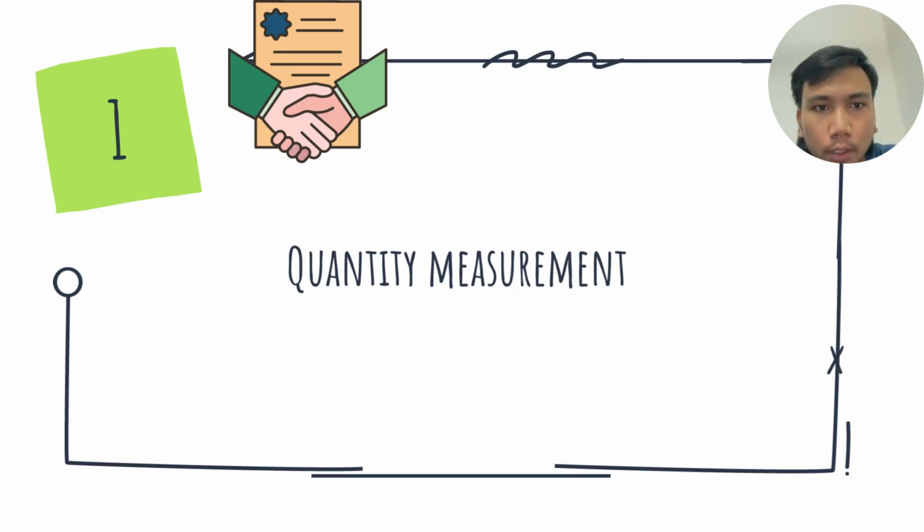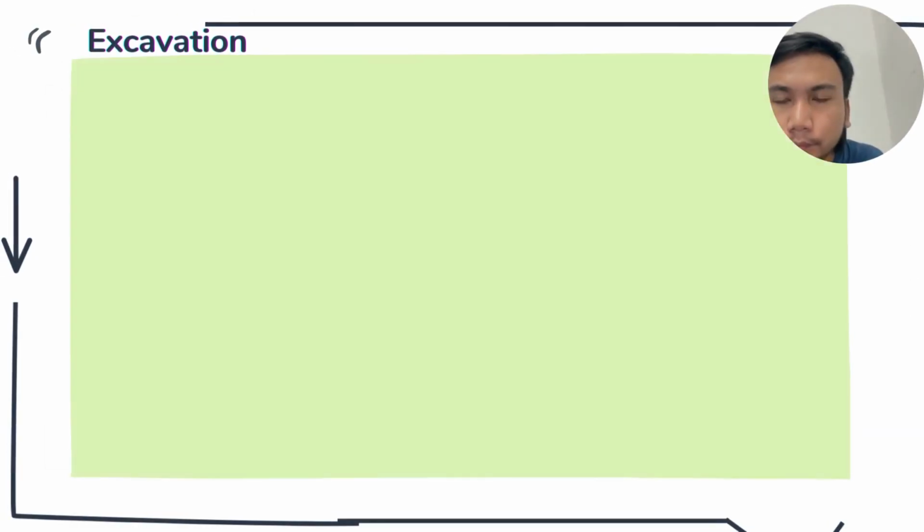I will continue our group presentation, and I will present the quantity measurement on excavation, concrete works and formwork. For the excavation of topsoil, our length is 6.60, and we add 0.457 times 2, which is 0.914. Then 0.914 plus 6.60 gives 7.514.